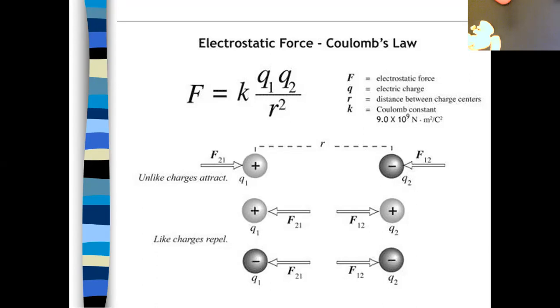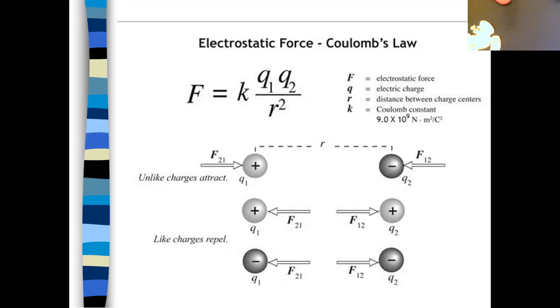What does that actually mean mathematically? Well, if it were just an inverse relationship, what would tripling the distance do to the force? If you make particles 3 times as far away from each other, the force would be 1/3 of the original force, if it were just an inverse relationship. But it's an inverse square relationship. So if you make the particles 3 times as far from each other, the force will not be 1/3, it will be 1/9 of what it used to be.